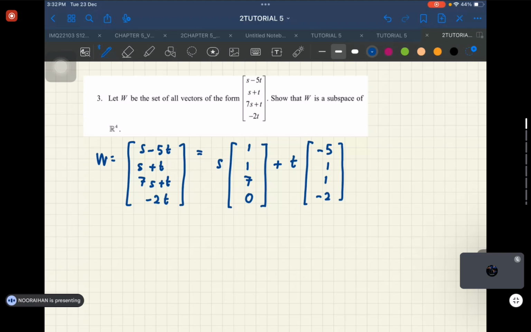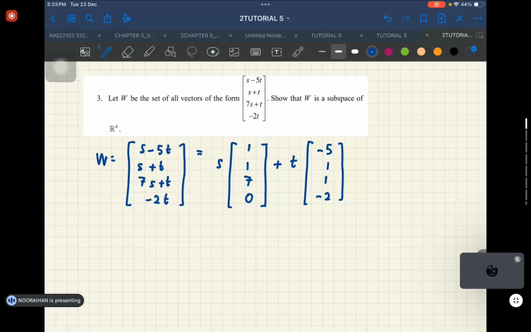Now you have two parameters and two spanning vectors. You just write the two spanning vectors here.